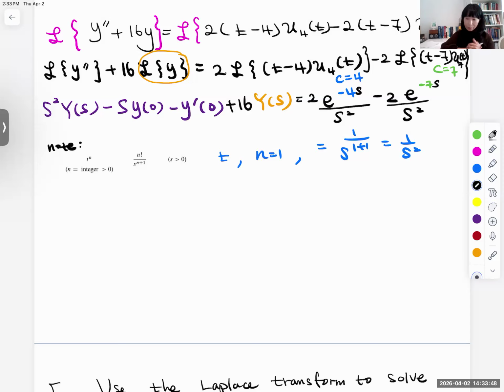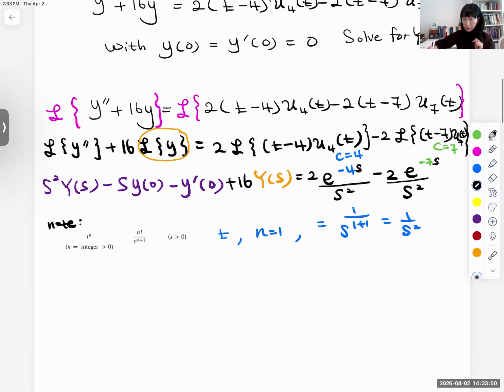Now, the initial value problem. y of 0 equal to 0, y prime of 0 also 0, so these terms will be 0.